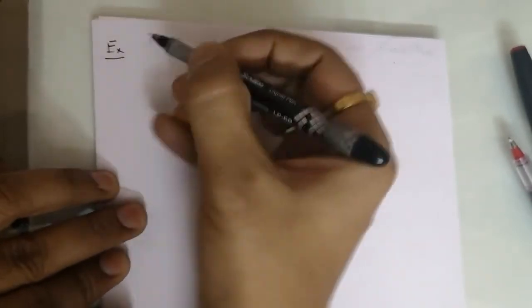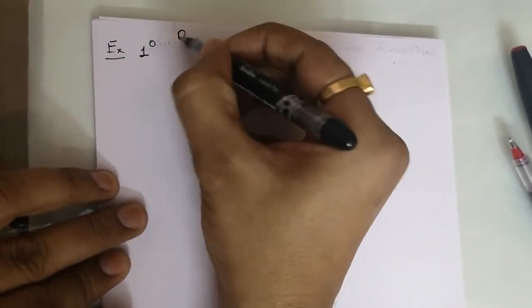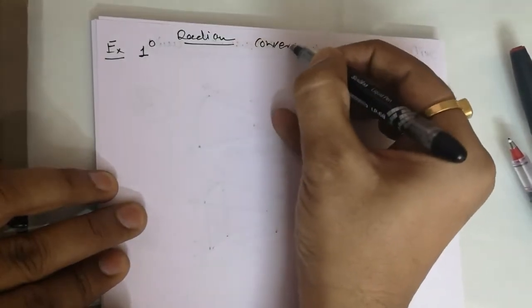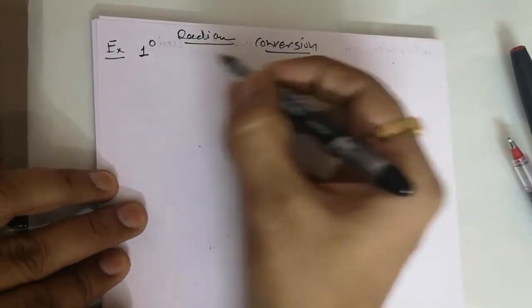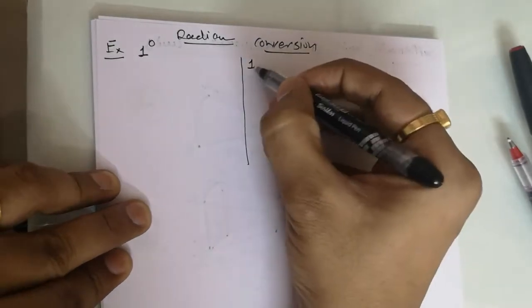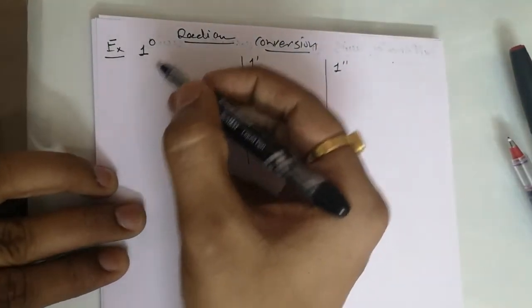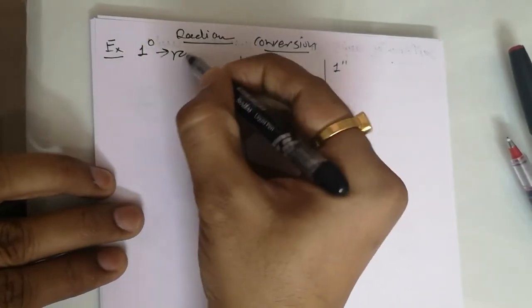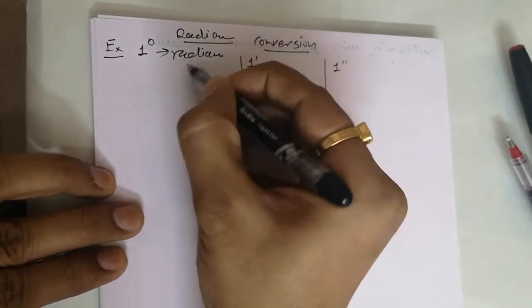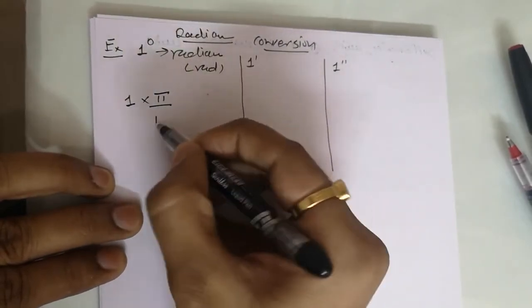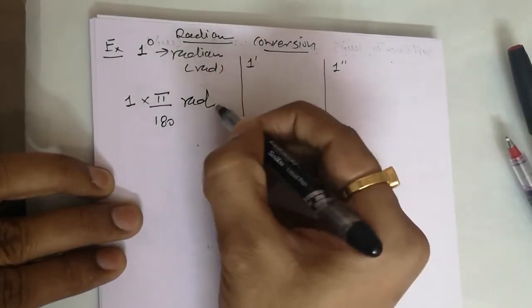Let's say I have one example: convert into radians. I have three things: 1 degree, 1 minute, and 1 second. 1 degree to convert into radians: 1 multiplied by pi divided by 180, it is called rad.